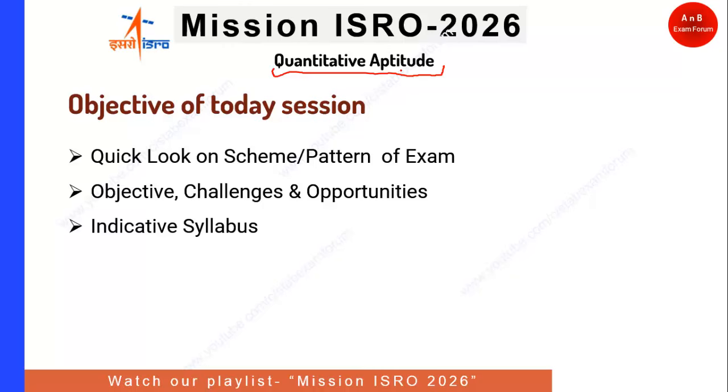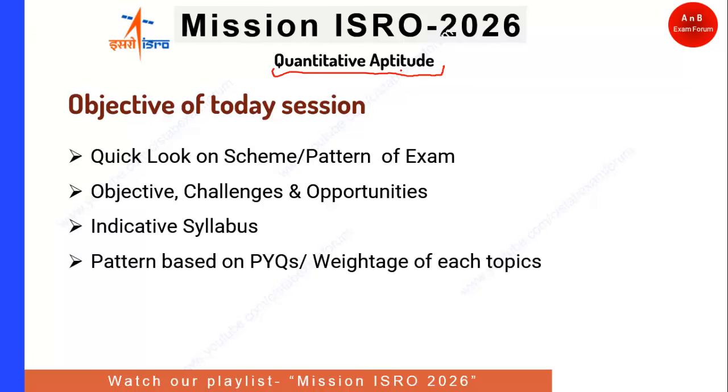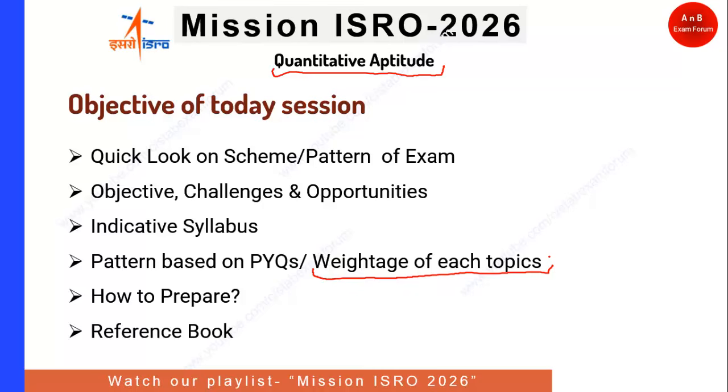Afterward, we are going to see the indicative syllabus that they have mentioned in the notification. Afterward, we are going to see the pattern based on previous year questions. In other words, we are going to have a look at the weightage of each of the topics. Okay. And thereafter, we are going to see how to prepare. And finally, we are going to give you the reference book for your exam.